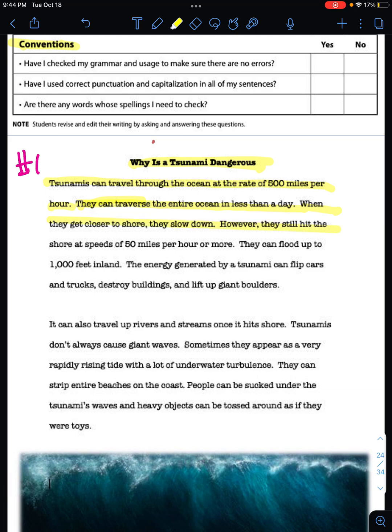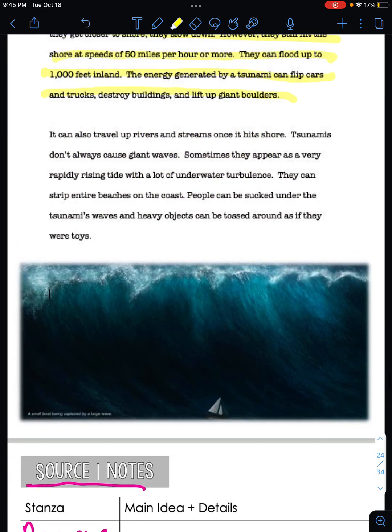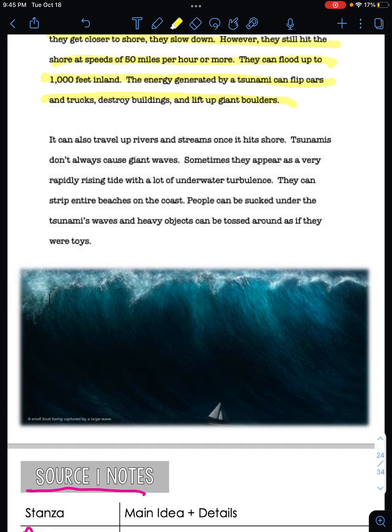However, they still hit the shore at speeds of 50 miles per hour or more. They can flood up to 1,000 feet inland. The energy generated by a tsunami can flip cars and trucks, destroy buildings, and lift up giant boulders. So giant rocks, basically. It can also travel up rivers and streams once it hits shore.